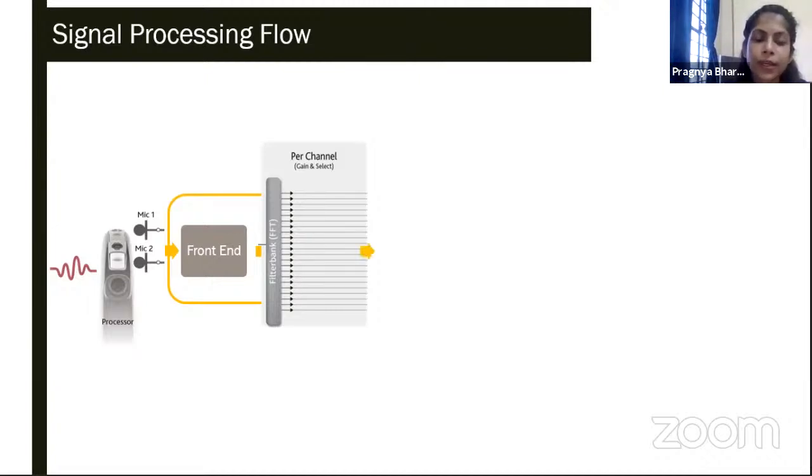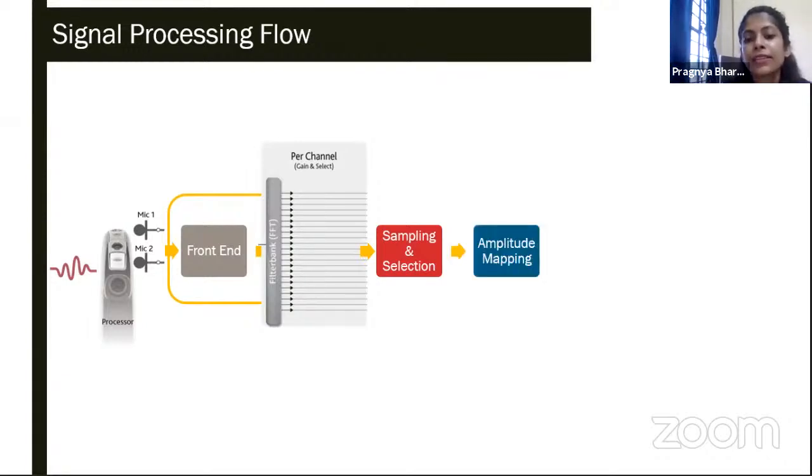After this, the band-pass filtered signal is sampled and selected, and we'll talk about this further in detail. It is amplitude mapped. It is compressed to fit the electrical dynamic range of the individual.